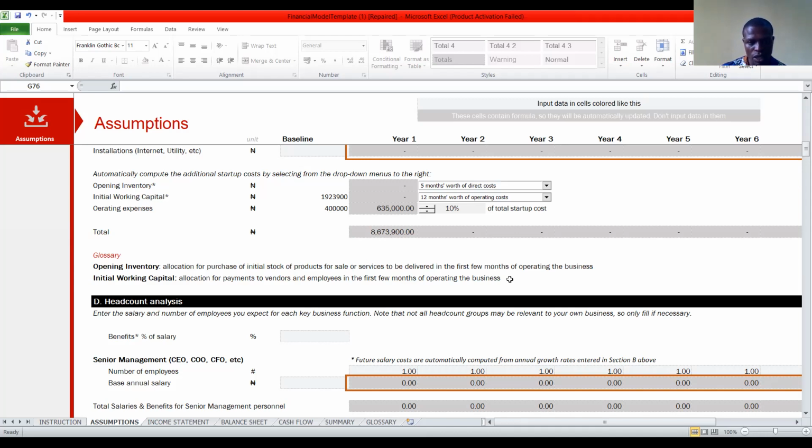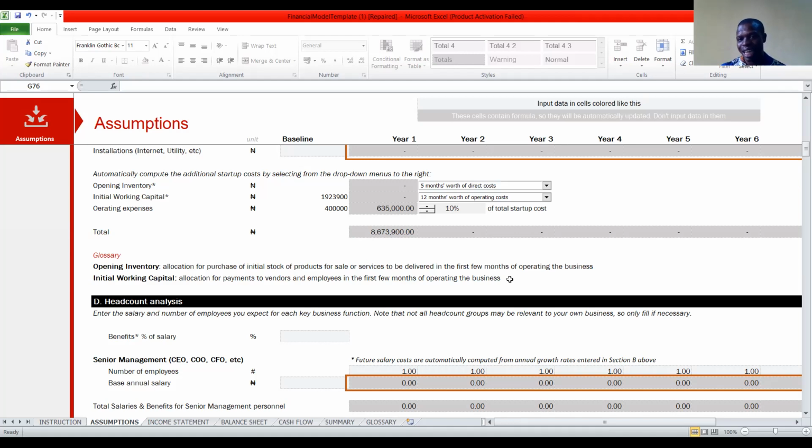Capital equipment, okay, 6,350,000. Let's use this information. For capital equipment, we are taking 6,350,000. Variable cost is the same thing as your direct cost, which is 1,923,900. We are taking this. Now for fixed cost, it's 400,000 per month that he said he wants to spend for salary, rent, communication, transportation, fueling, and insurance, all the fixed costs.